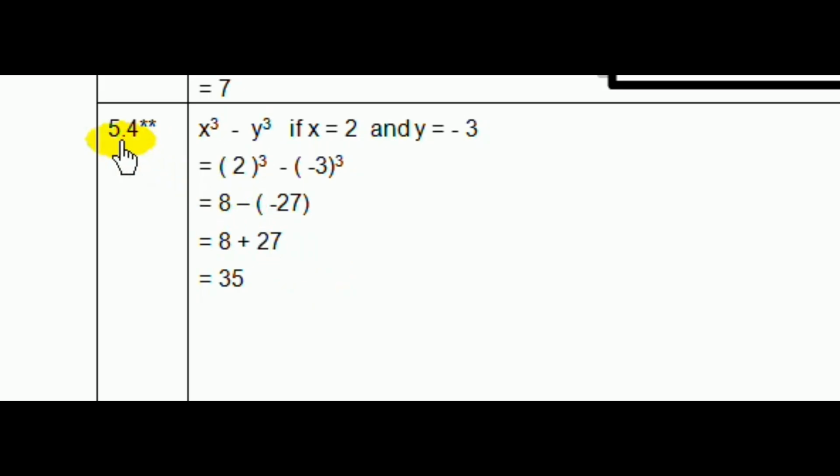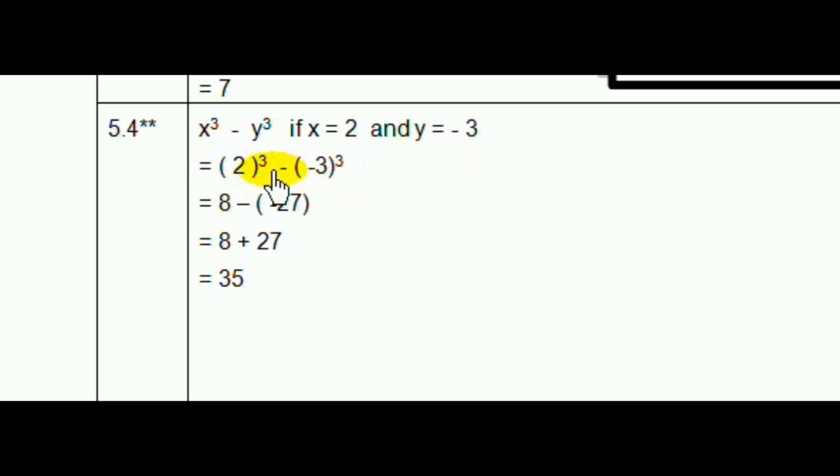5.4 now, x cubed minus y cubed. Now that's not too bad. What is bad is that minus 3 there, the substitution of minus 3. If you don't put that x and of course the y in a bracket so that you can substitute the minus 3, I am very much sure that you will make a sign error. So put it in a bracket. The y as well, the y has got to be substituted by minus 3.